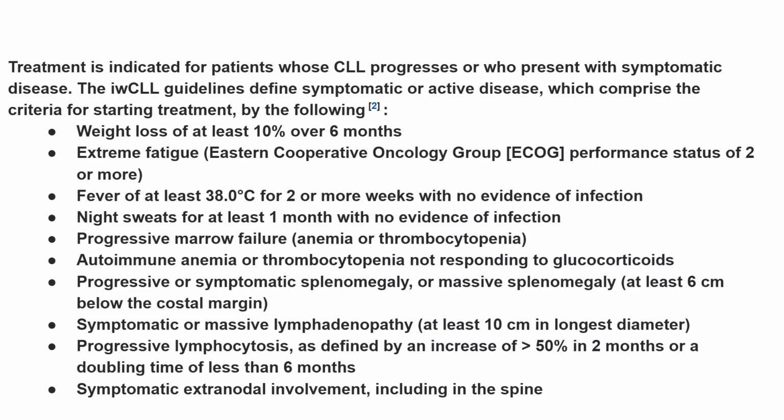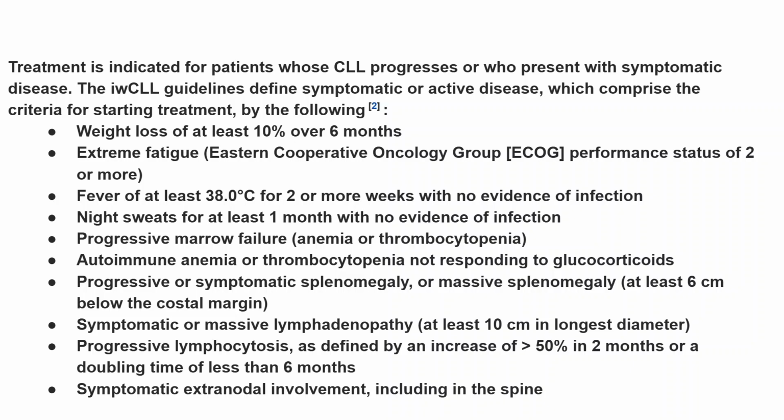Fever of at least 38 degrees for 2 or more weeks with no evidence of infection. Night sweats for at least 1 month with no evidence of infection. Progressive marrow failure, or autoimmune anemia or thrombocytopenia not responding to glucocorticoids. Progressive symptomatic splenomegaly or massive splenomegaly, at least 6 centimeters below the costal margin.